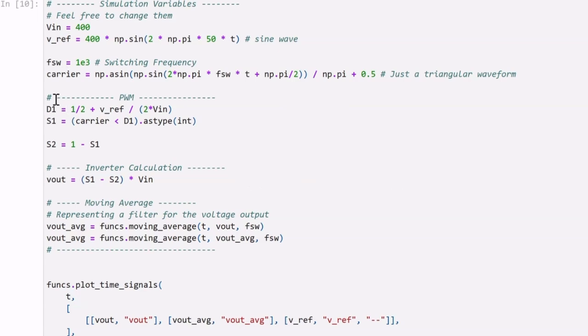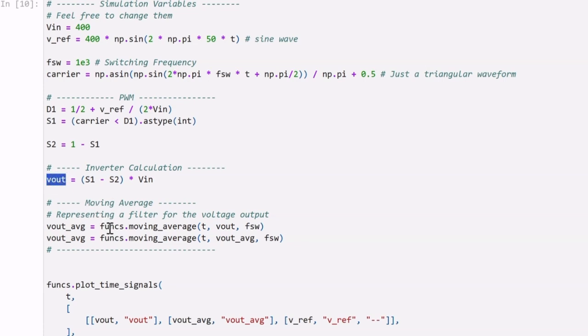And then you can see here is the PWM. So here we calculate the duty cycle with the equation that we just derived. And then we use this in a PWM. So we get the gate signal 1, and then we calculate the other gate signal. And then this is the inverter calculation. This is what the hardware does to get the output voltage.